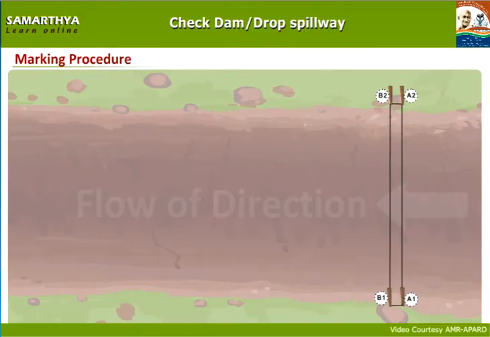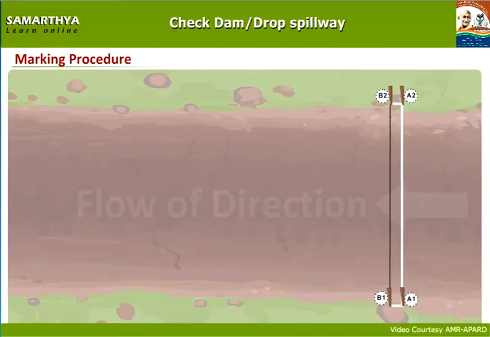Draw a line with lime powder on the thread that tied A1, A2 wooden poles. Draw a line with lime powder on the thread that tied A1, B1 wooden poles. Draw a line with lime powder on the thread that tied A2, B2 wooden poles.